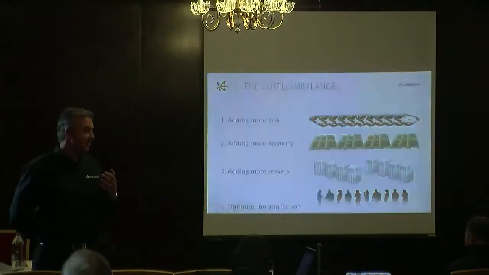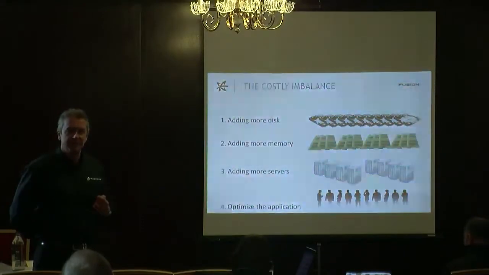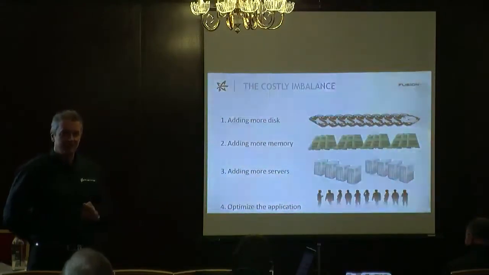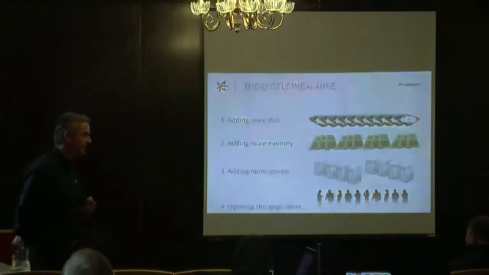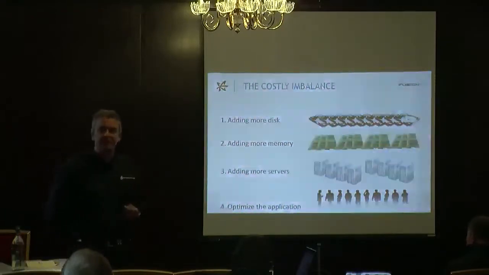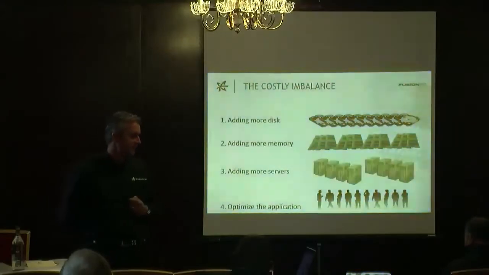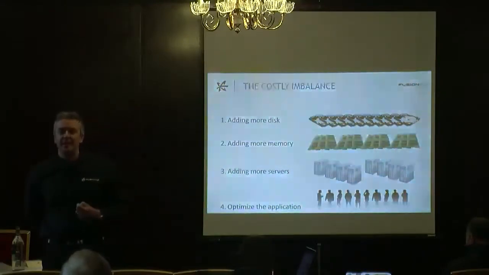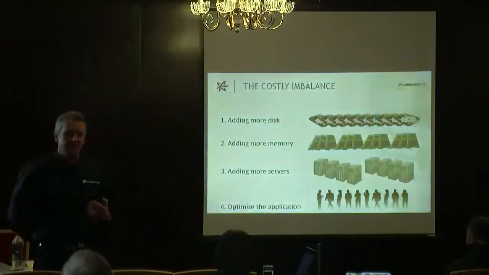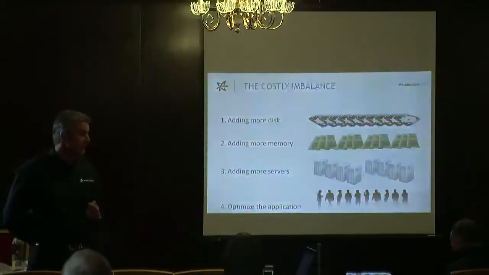And the way that people have tried to combat that traditionally is by throwing more hardware at the issue. So people throw more and more disk into their virtual environments. They throw more disk at their database servers. They throw more disk into their cloud to try and handle these random workloads that the CPUs demand.